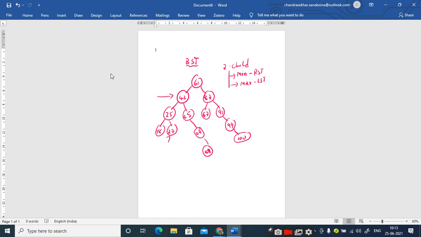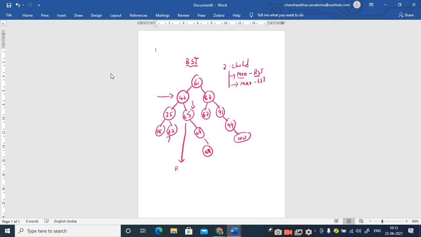Why? Because in order to find the minimum element from the right subtree, I told you to go to the right child. So what is the right child of 42? It is 45. And in order to find the minimum, the first step is to go to the right child and then find the minimum. I know how to find the minimum of the right subtree: I should go deep towards its left side.